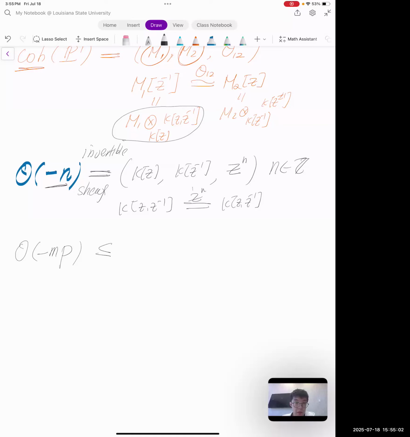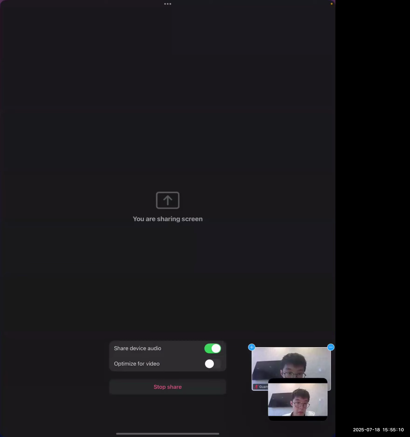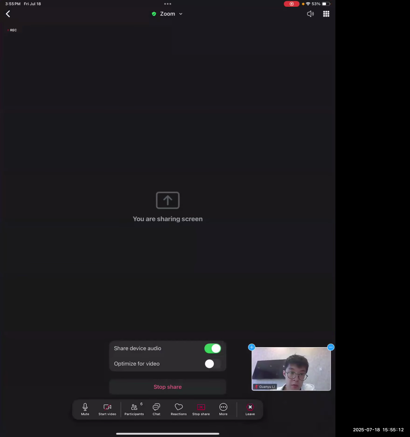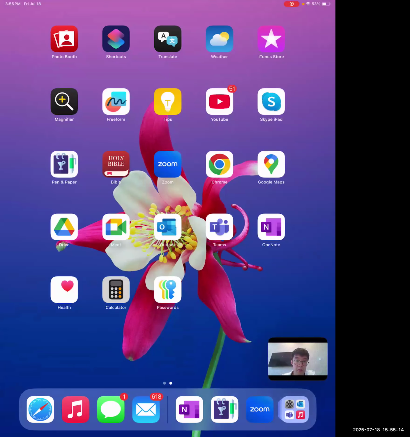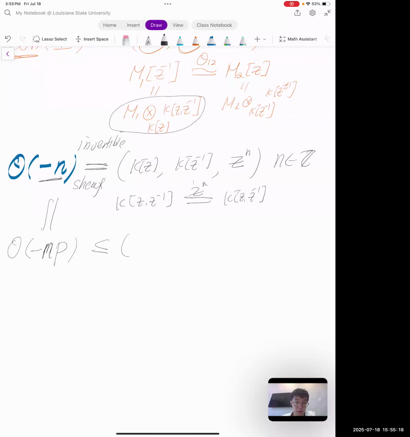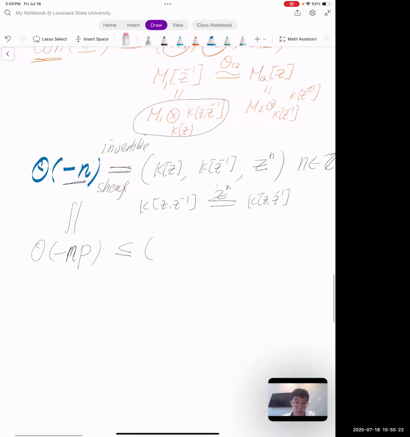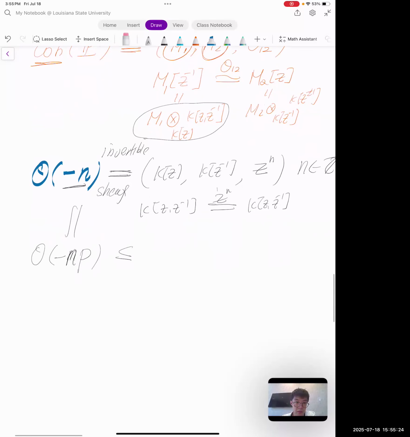This one would actually be isomorphic to this, but I'm going to define it as a subsheaf of the canonical sheaf O, which is O(0).